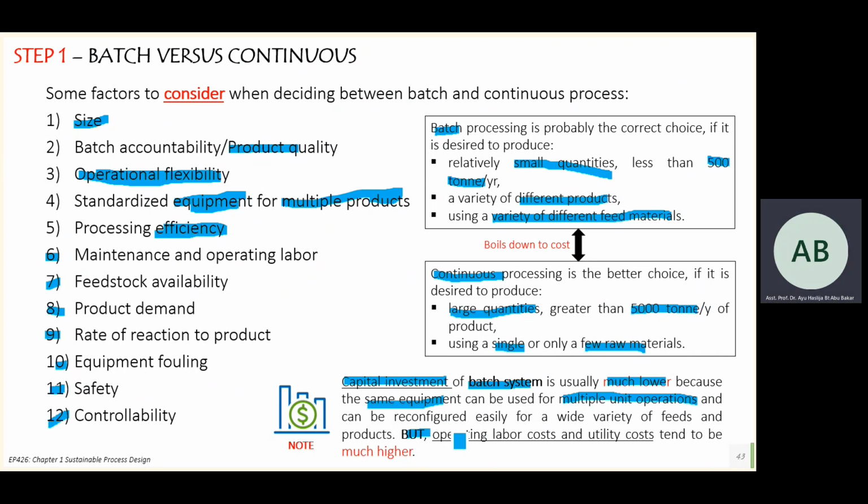But it requires operating labor cost quite high because you need to always maintain the process, whether it is efficient or not. Then at certain time, you will need to check whether your target product is meeting your requirement or not, the purity, everything.